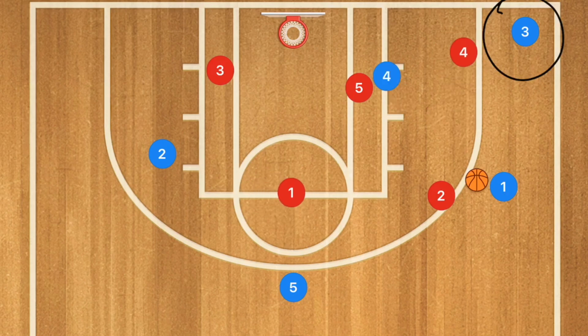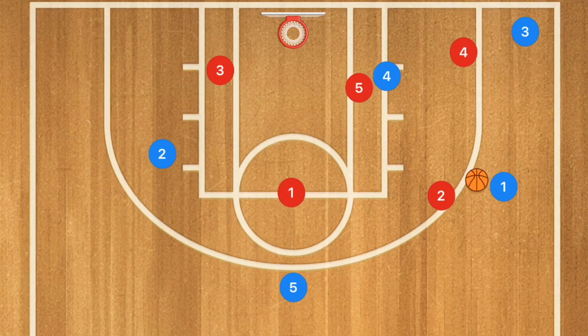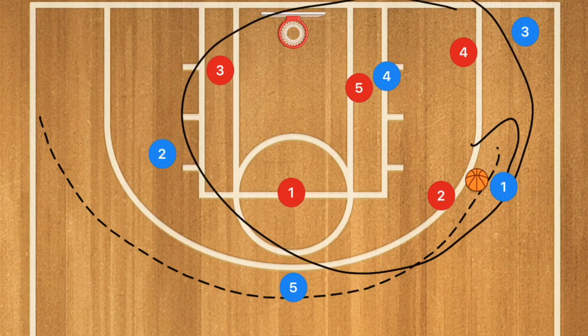Now, the one thing that we want to always remember is that there's always going to be a triangle involved in our offense all the time. By making that ball swing around the perimeter, we are also spreading out that zone defense by having multiple options.